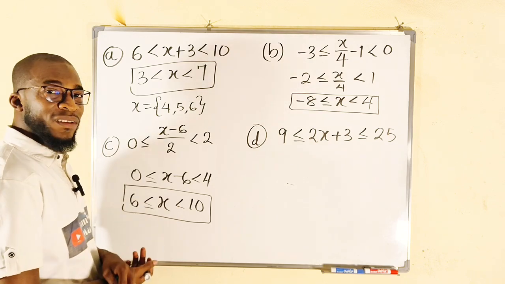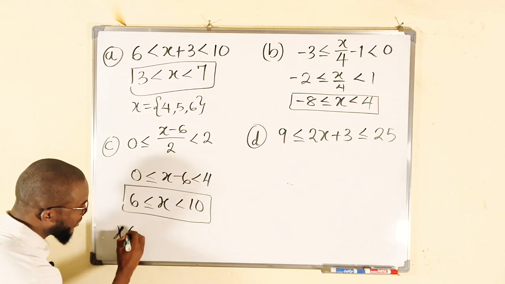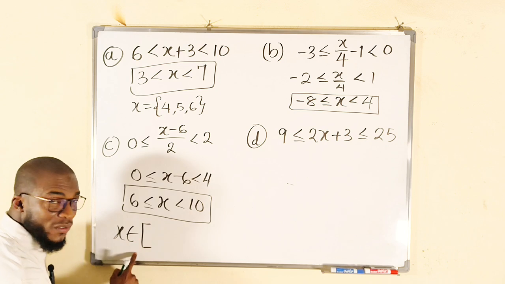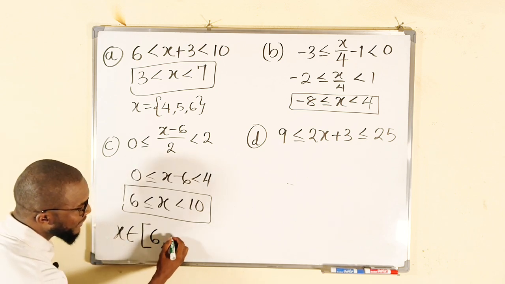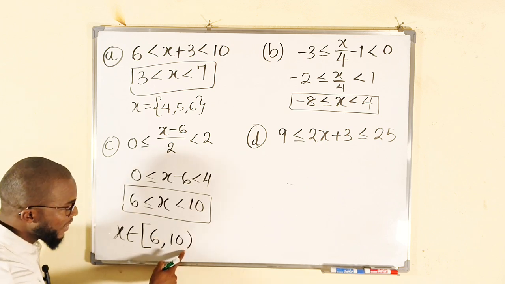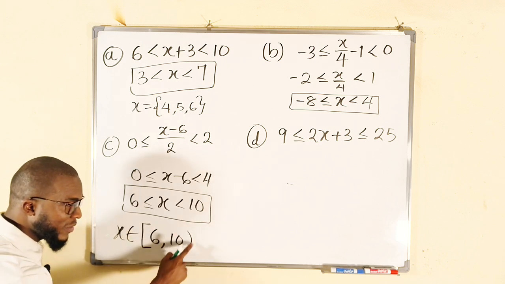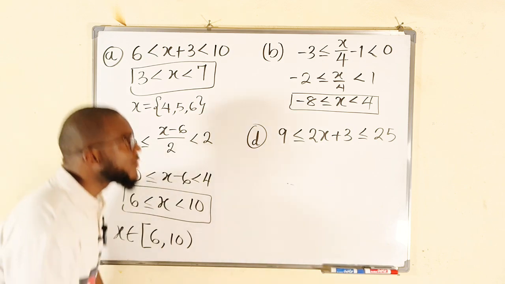And you can also write it in interval notation, just like this. You can say x belongs to the set of values from 6, using this bracket, comma 10 with this type of parenthesis. This means that 6 is included, but this type of parenthesis indicates that 10 is excluded.